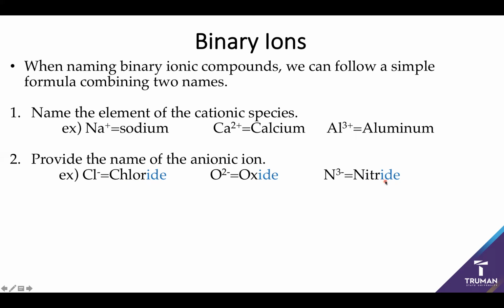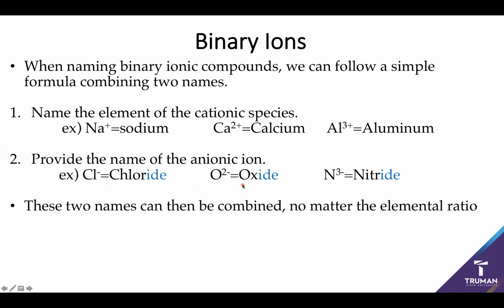Fluorine becomes fluoride, chlorine becomes chloride, bromine becomes bromide. So look for that ending suffix and change it to an "ide." All of these cases are fairly straightforward, as there's only one possible charge for all of these anions.